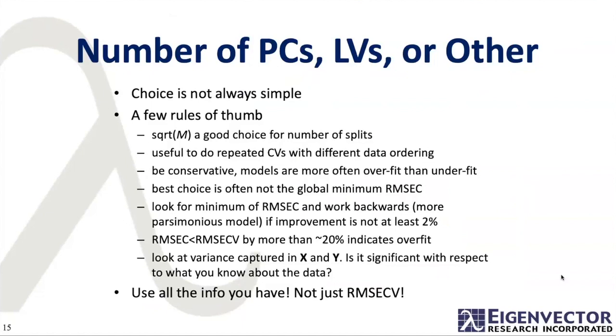Maybe just a comment on how we prefer looking, especially for regression models, at root mean squared error of cross validation and prediction as opposed to R squared. Oh yeah, not a fan of R squared, because the problem with R squared is that it's affected by the range.